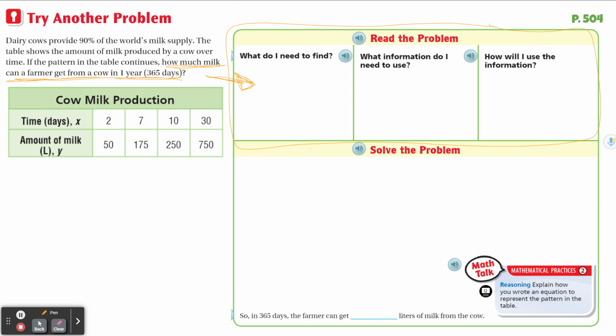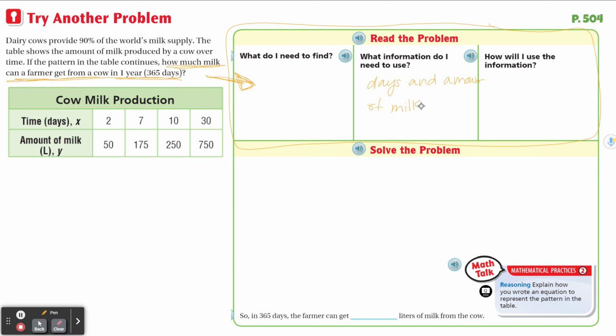What information do we need to use? Well, we need to use the time, let's see, the days, and how much milk we make in those days. So the amount of milk.